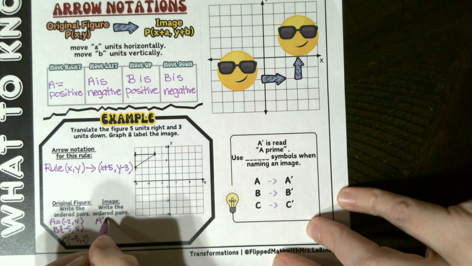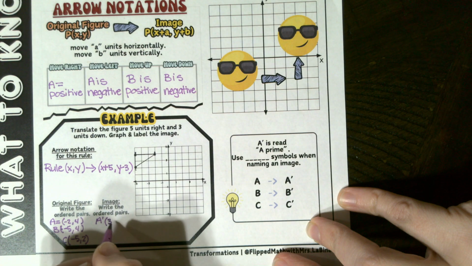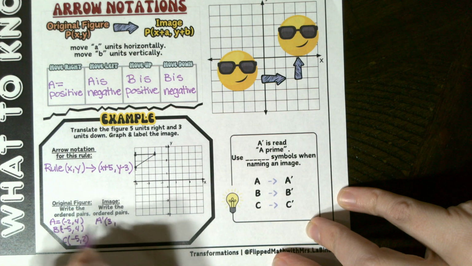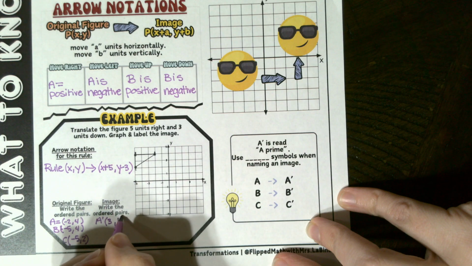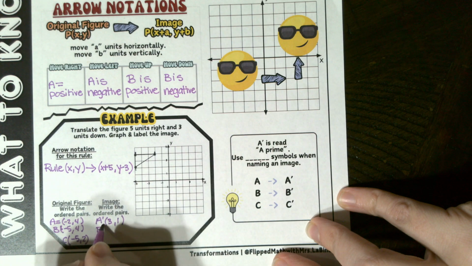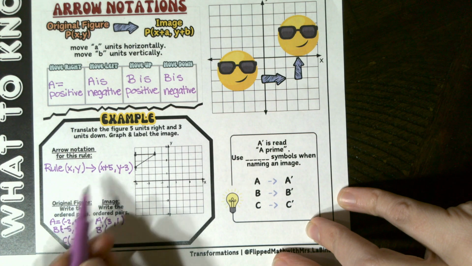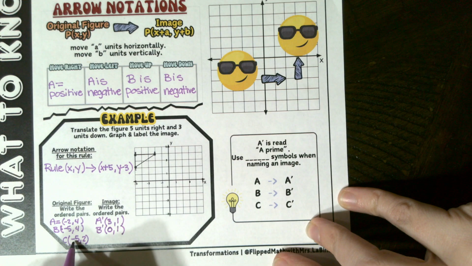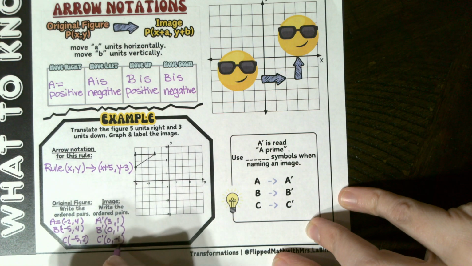So -2 plus 5 is 3, and then I have 4 minus 3, which is 1. And then my B is going to be -5 plus 5, which is 0, and then 4 minus 3, which will be 1. And then -5 plus 5 again, which would be 0, and 2 minus 3, which is -1.